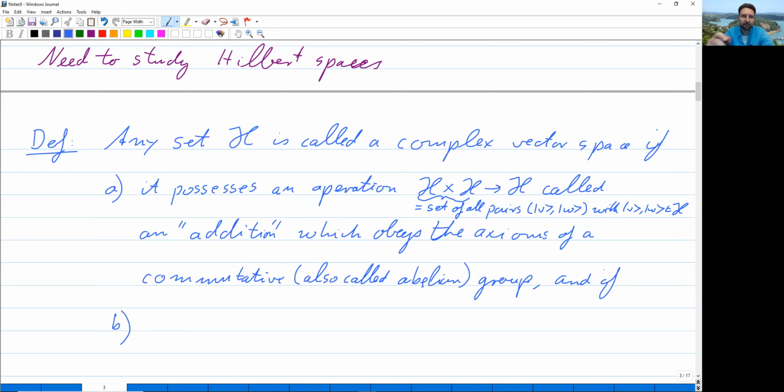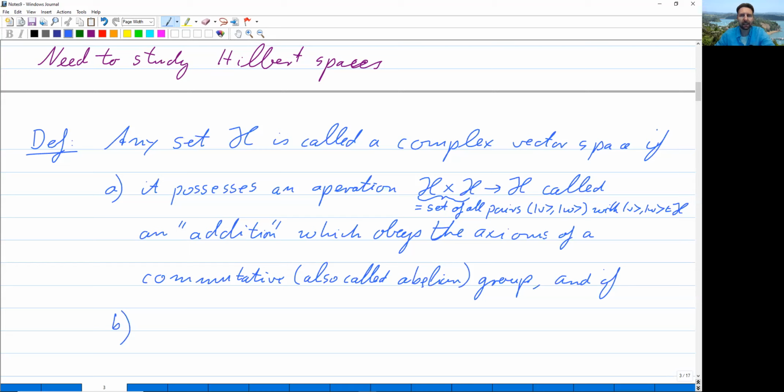So the condition here is that a complex vector space is a set which possesses an operation that takes two elements of our supposed complex vector space and maps them into an element of that complex vector space, which fulfills the axioms of a commutative group. Now remember what a group is.